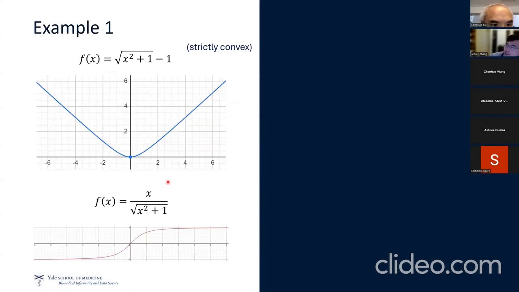Here's another example. This is a function, square root of x squared plus 1 minus 1. If you try to use Newton's method on this, you run into a similar issue to what I described at the beginning of the talk, which is you have this S-shaped derivative, which means that if you try to use Newton's method on it, it's not going to work super well.